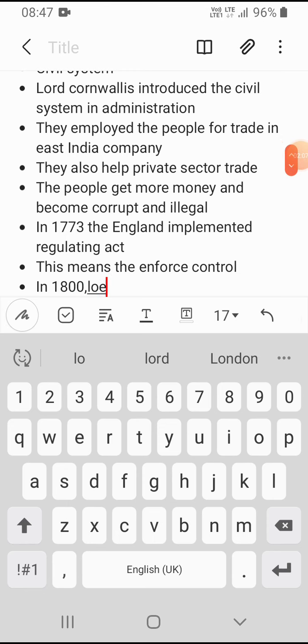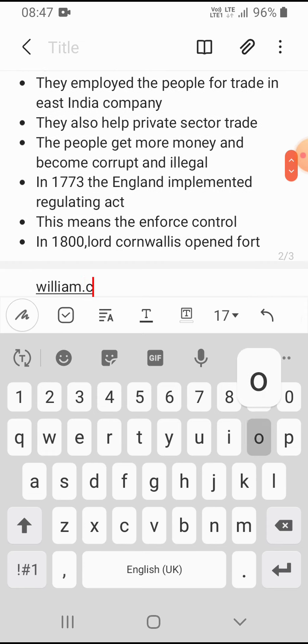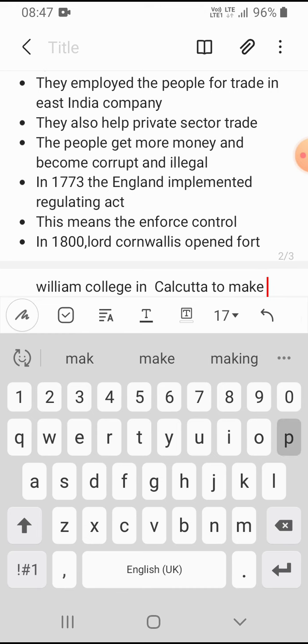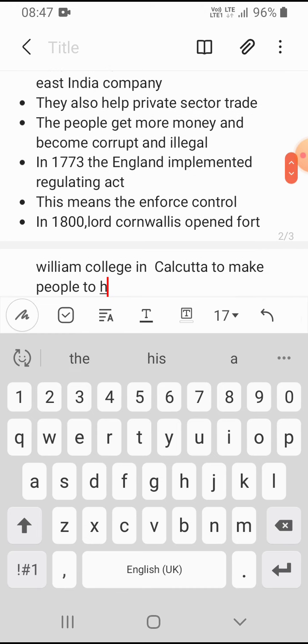In 1800, Lord Cornwallis opened Fort William College in Kolkata, Calcutta, to make people join the civil service.